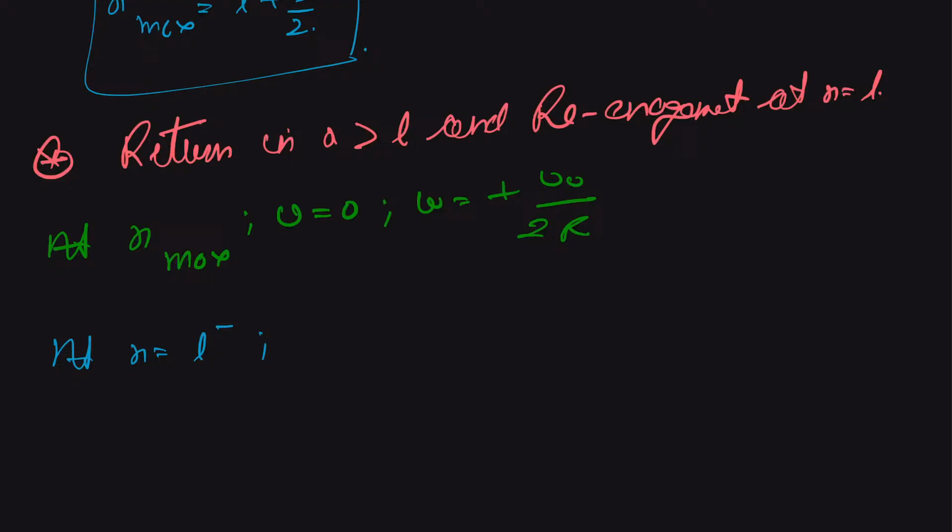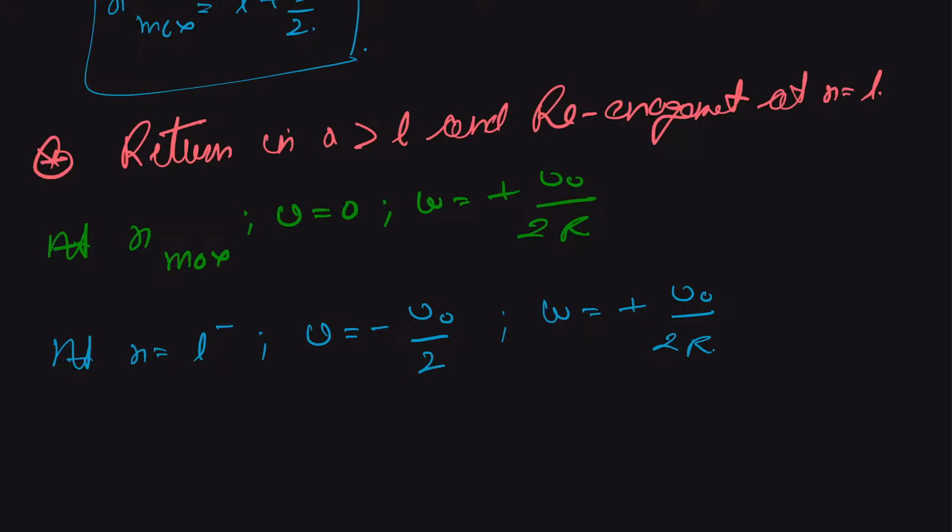we are going to have our velocity v will be equal to minus v naught upon 2, because basically which we have already calculated in the first case also, and our omega will be equal to plus v naught upon 2r.